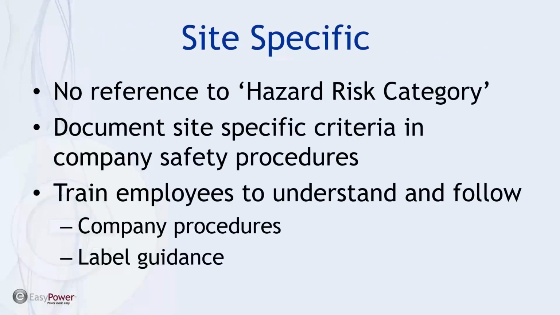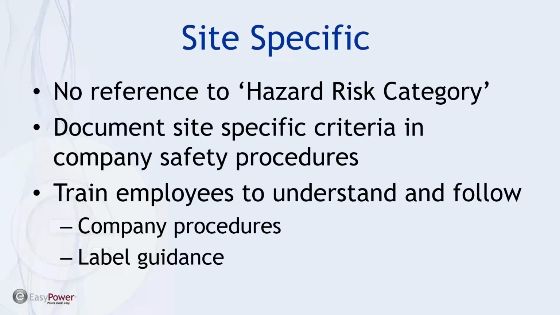Again, site-specific designation has no reference to hazard risk category. We need to define what those levels are in our documentation. We need to document the site-specific criteria and company safety procedures that can be implemented utilizing some of the label contents. And most importantly of all is to be able to train the employees to understand and follow company procedures and the meaning of the label guidance.